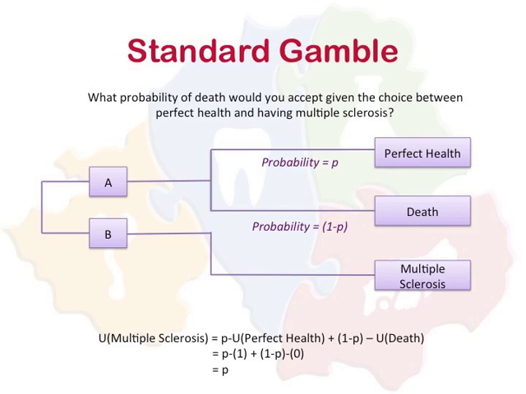So, in the case where there was a 75% chance of death, and my probability P was 0.25 or 25%, the value of the health state of multiple sclerosis in that circumstance will be equal to P, which will be 0.25. And that, in a nutshell, is the standard gamble of achieving the utility, i.e. a way of measuring the quality of life, for a given health state.